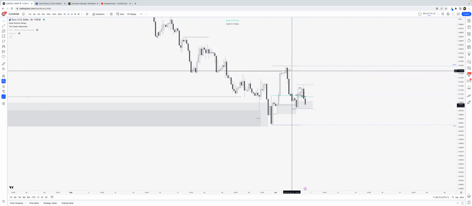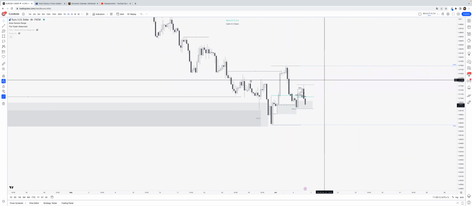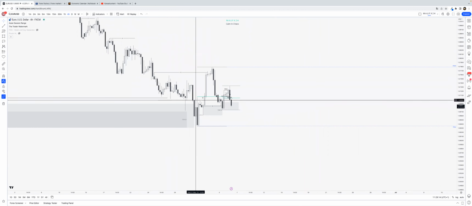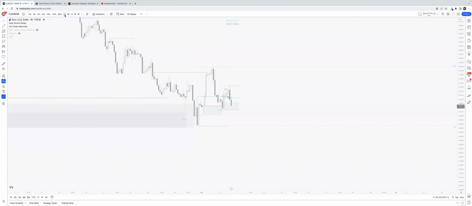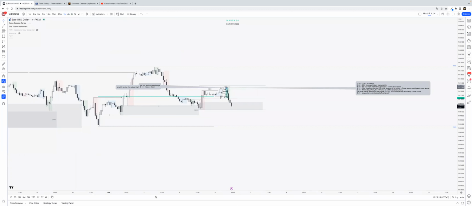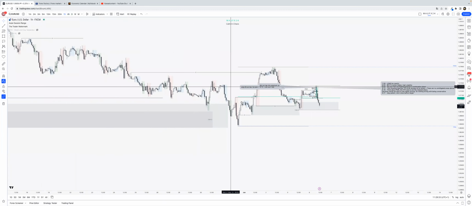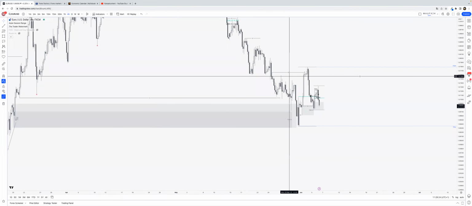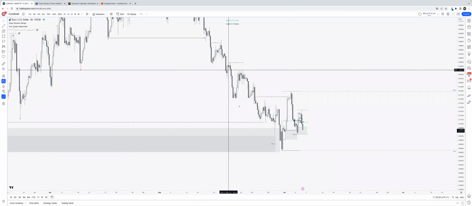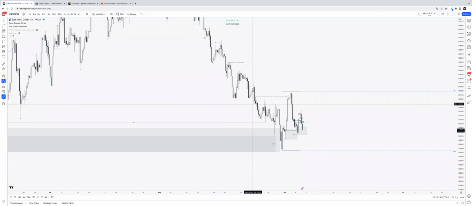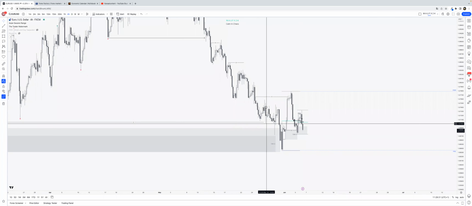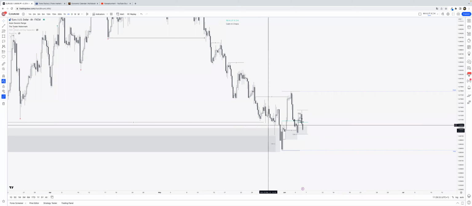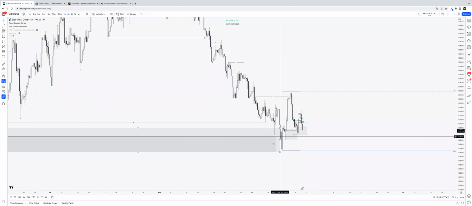Then 4 hour wise, what can we see? Well, we broke above this structure here. I think it's on the 1 hour. Yeah, this is the break over here. But if we go to the 4 hour and stay there for a while, you can see a high, a low, a lower high, a lower low, lower high, lower low, lower high, lower low, bullish break, bearish break.